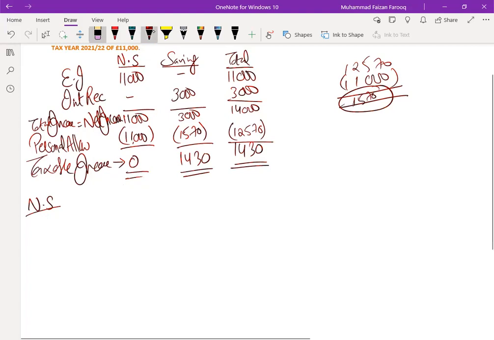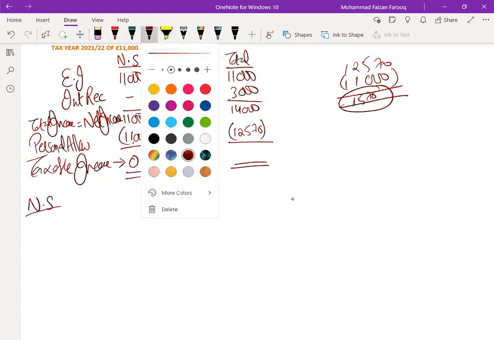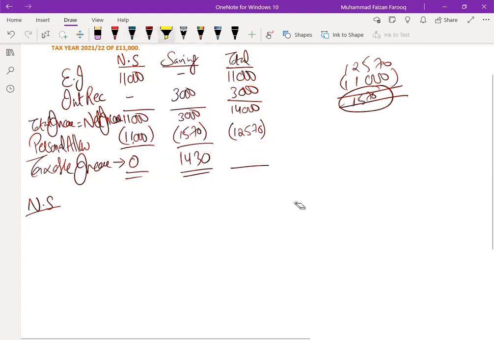Before I move forward, let me ask something. We have the total taxable amount. Is this person a basic band taxpayer, higher band taxpayer, or additional band taxpayer?